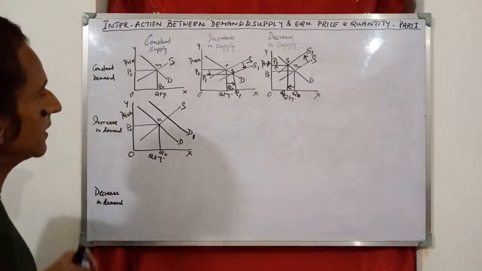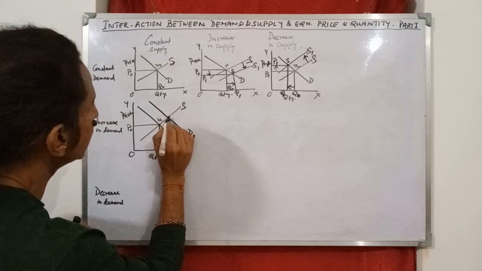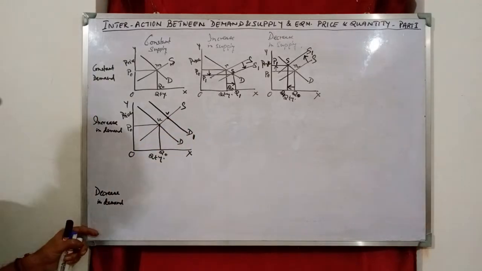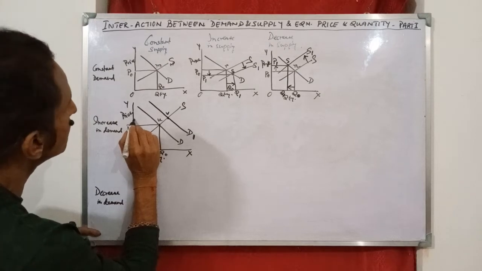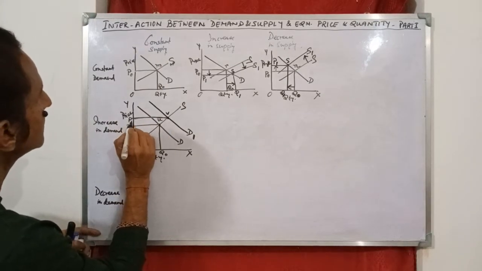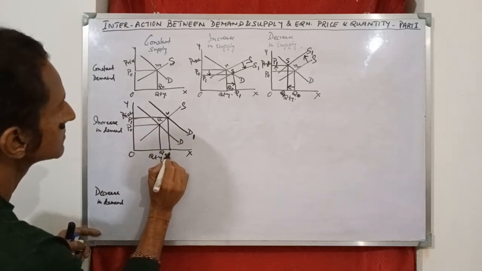Now D sub 1 and S, the original supply curve, intersect. Say at this point, this is V. So new equilibrium price is, say, P sub 1 and new equilibrium quantity is Q sub 1.